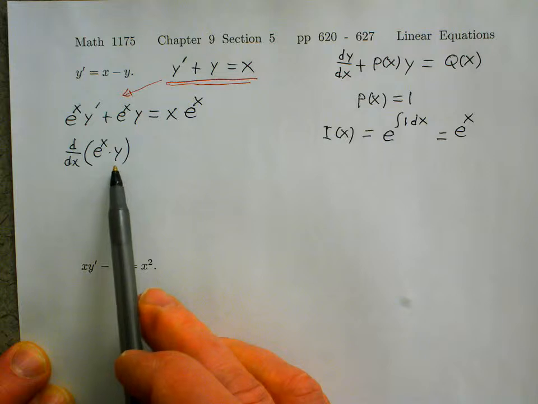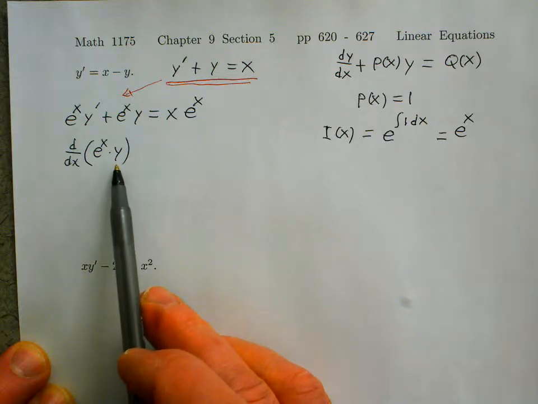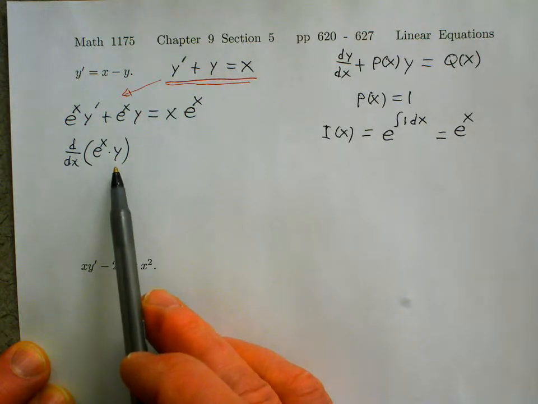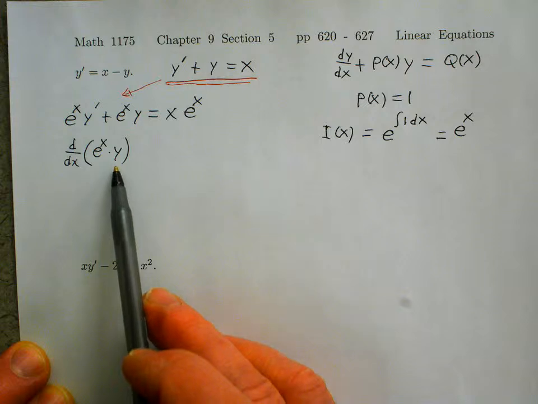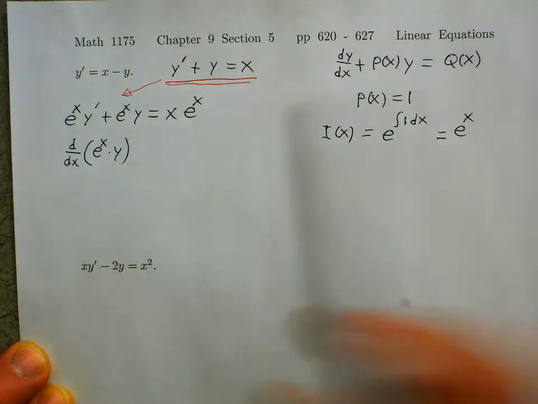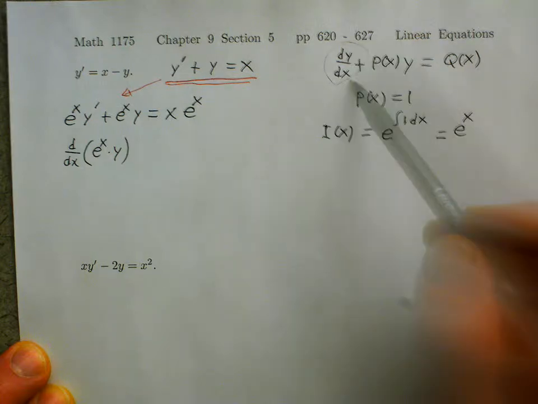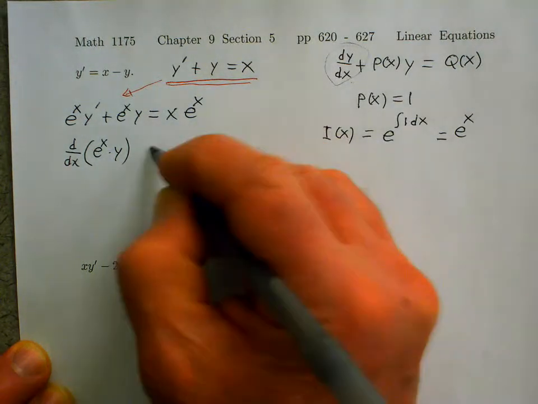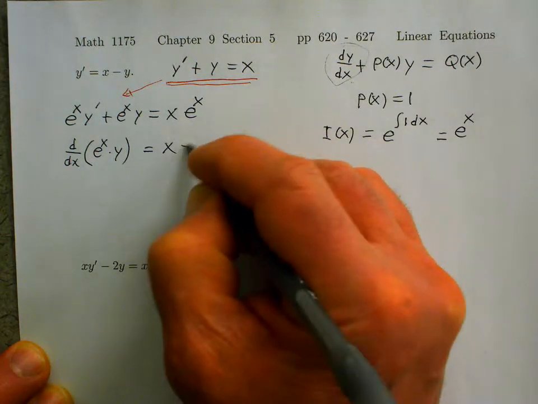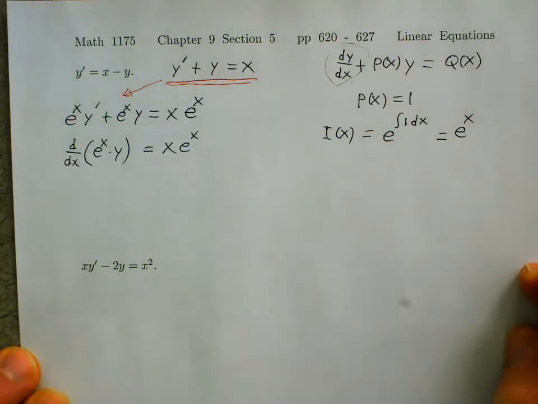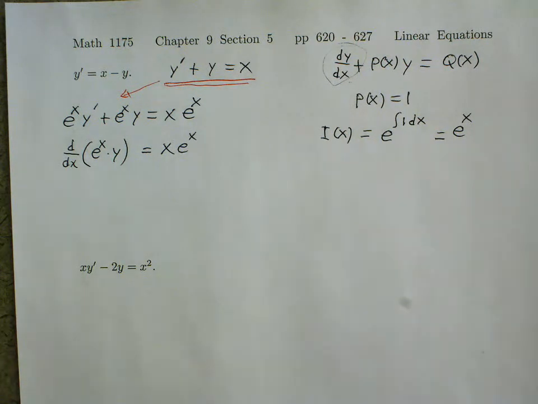So I should have mentioned, we're assuming y is a function of x. So that should be obvious by this notation, dy dx. Okay, but that's equal to x times e to the x. Okay, the next step. Now we integrate both sides.